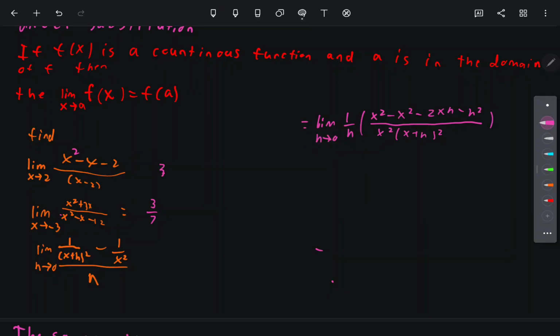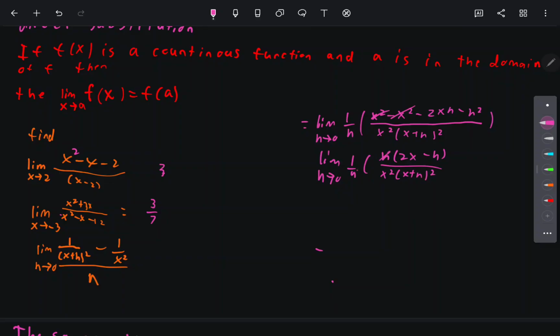So we get a limit as h approaches 0 of 1 over h. This x squared and that x squared will cancel because it's x squared minus x squared. And let's factor out an h. So we get 2x minus h all over x squared times by x plus h squared.